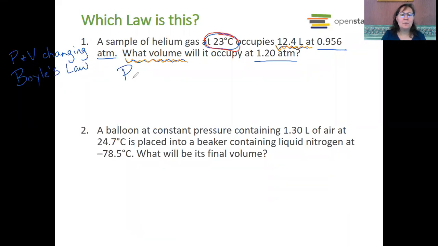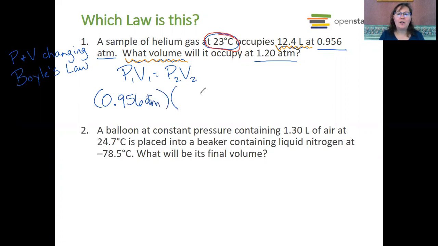And Boyle's law is P1 V1 equal to P2 V2. Okay, so we set that up and we say, my initial pressure is 0.956 atmospheres, and my initial volume is 12.4 liters, and my final pressure is 1.2 atmospheres, and my final volume is what I'm looking for, V2.